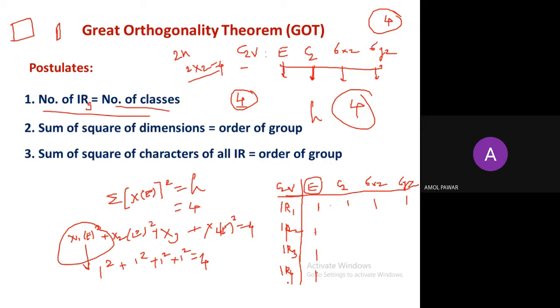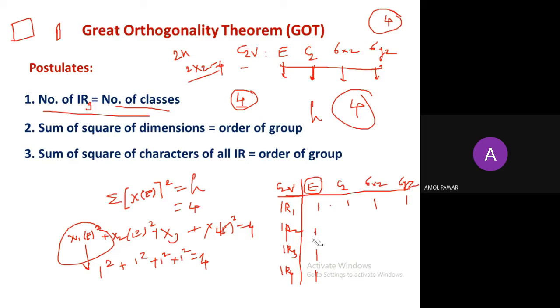Can we write 2 here, or 3 or 4 anywhere? No, we cannot, because the postulate is that sum of square of dimension of identity is equal to order of group, and the order here is 4. Therefore we have to write 1 squared plus 1 squared plus 1 squared plus 1 squared, that is the characters of the identity elements.